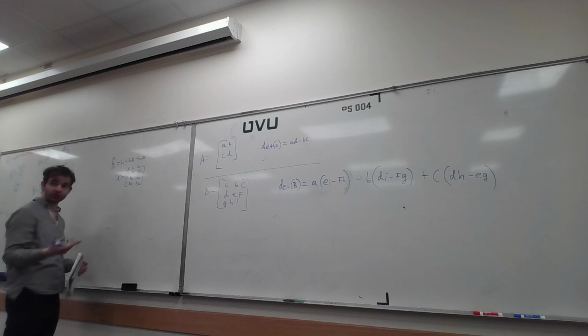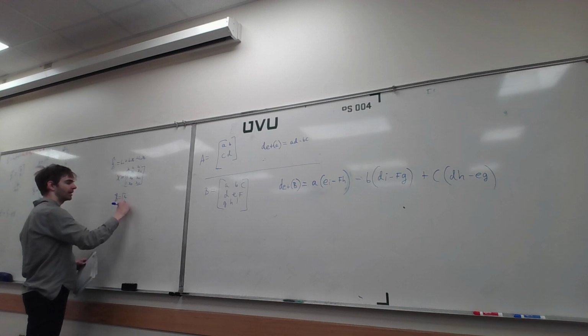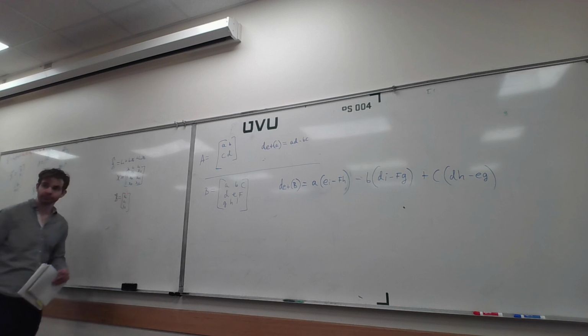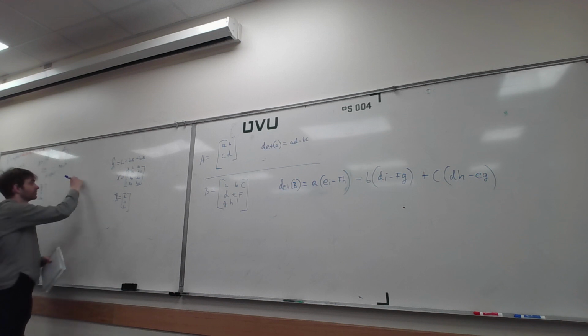2 predictors, thus 3 betas, because beta needs to have an element for beta naught, for beta 1, and for beta 2. Let's see what happens when I take x and multiply it by beta.